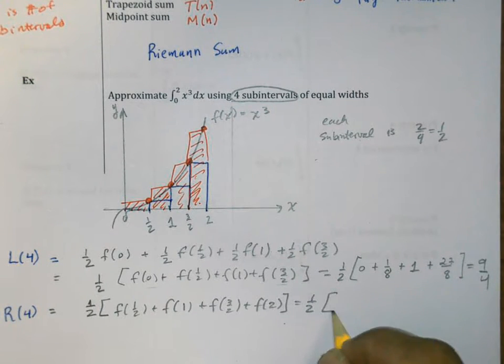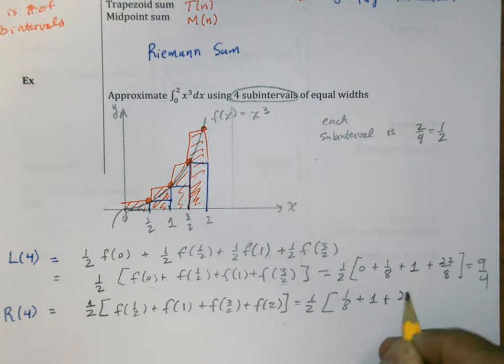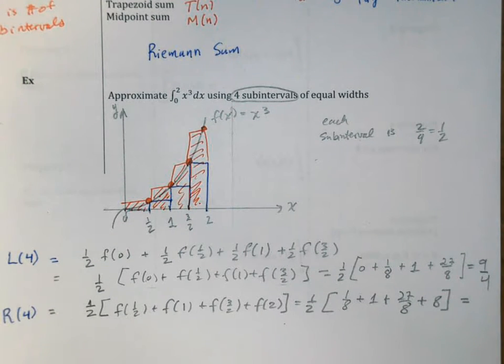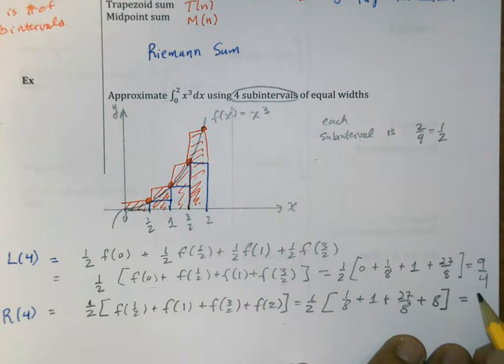And that gives us 1/2 times 1/8 plus 1 plus 27 over 8 plus 8. So if we add all of that up, we should get 10.25 or 41 over 4. No, wait. That's not it. I'm sorry. It should be 6.25 or 25 over 4.